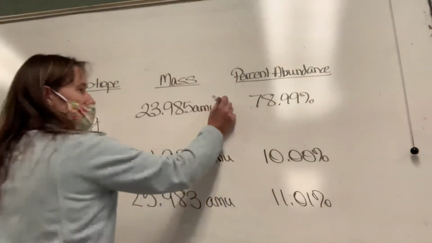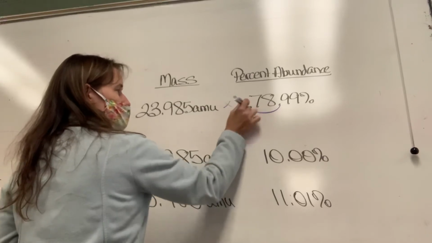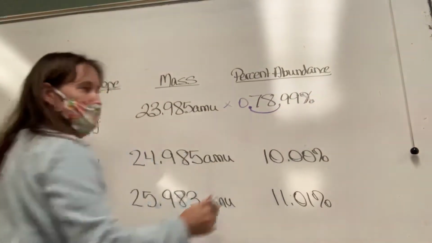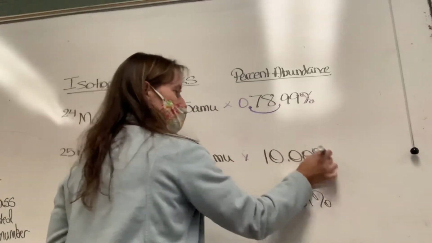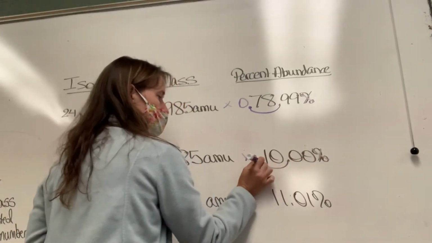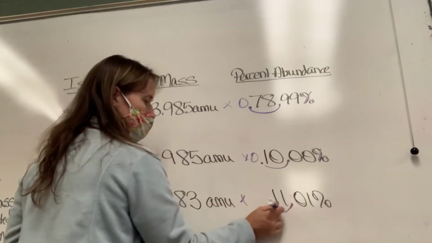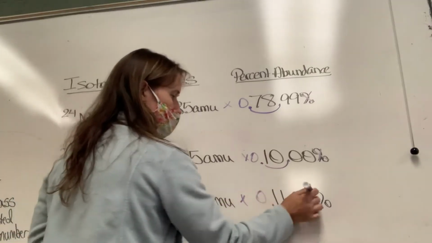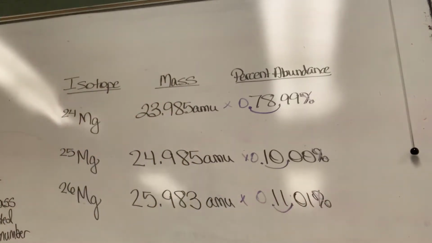So you're going to take the mass times its abundance, and you're going to turn each percentage into a decimal number. So you'll multiply the mass times its abundance in decimal form.